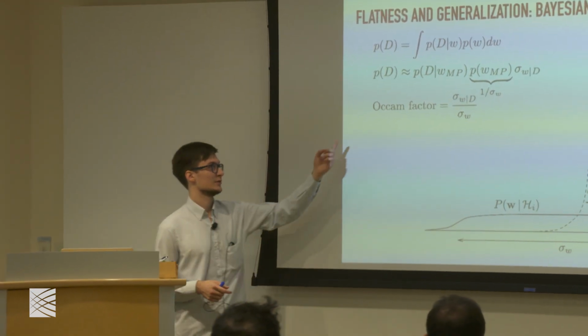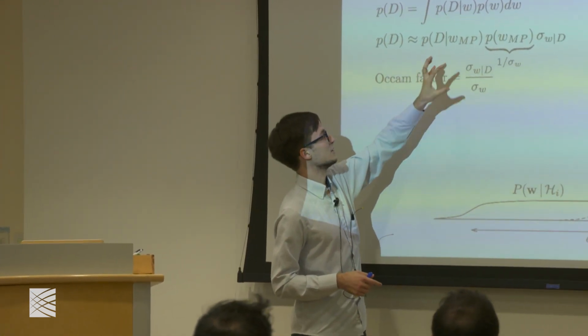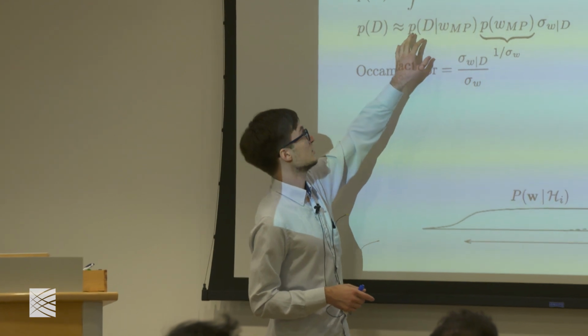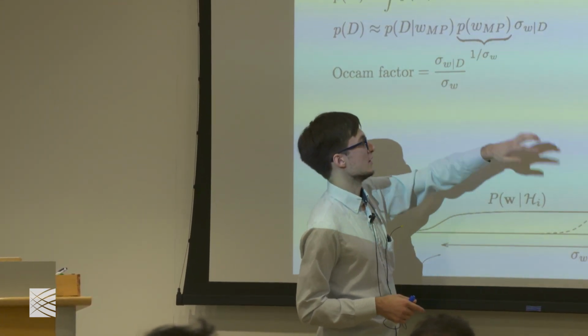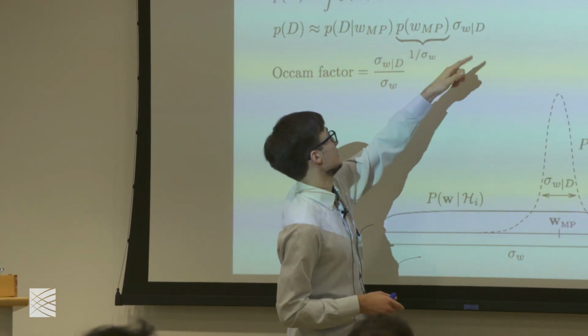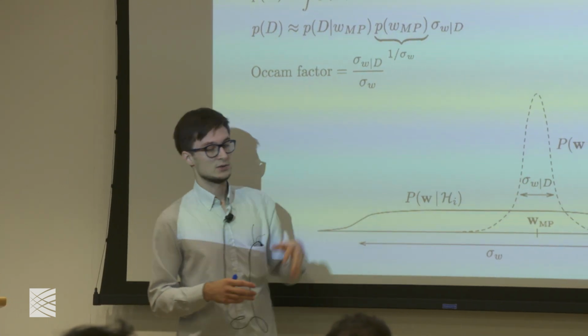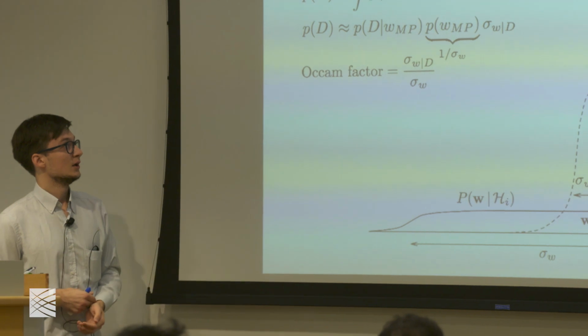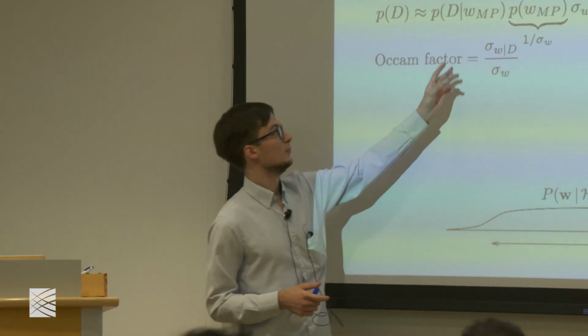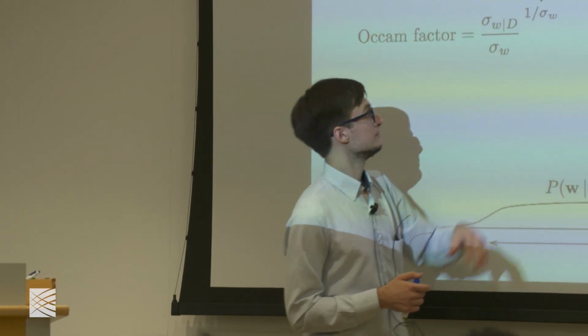If you maximize this function, you get W MAP. You substitute W MAP into the function, and you get this value as the height of your function under the integral. Then we assume it has a certain width sigma, and you can approximate the whole integral as the product between the height and the width.